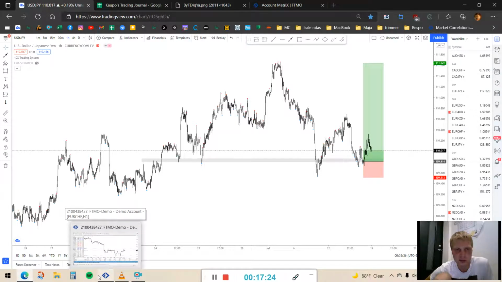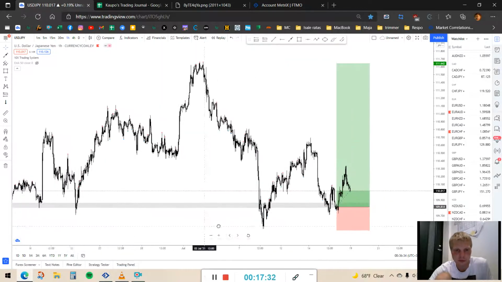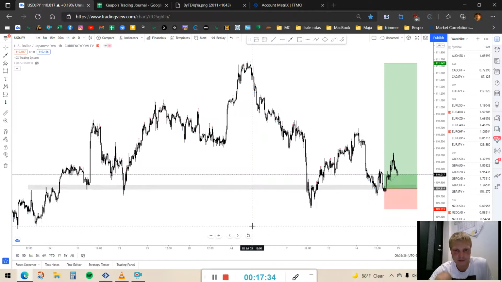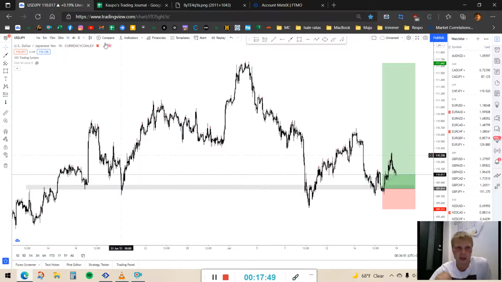We'll see in the next week, but probably not a trade I would take again. I think we'll see. If this price would have bounced somewhere a little more up, then it would have been perfect. But yeah, we'll see.